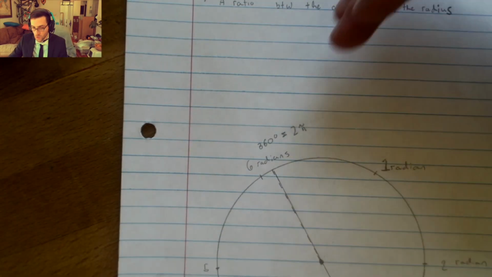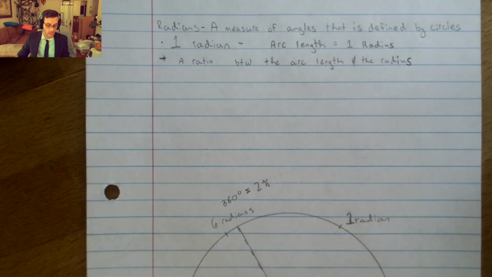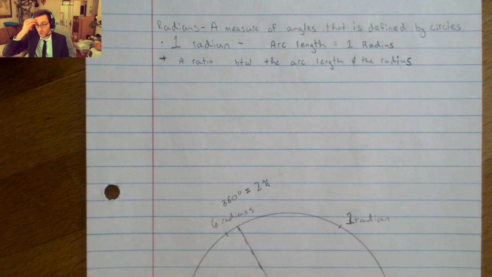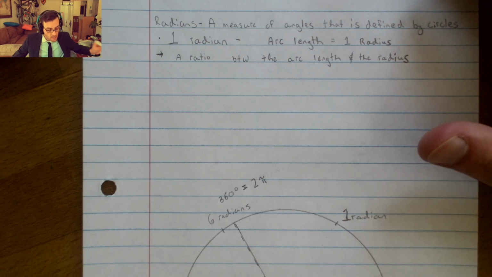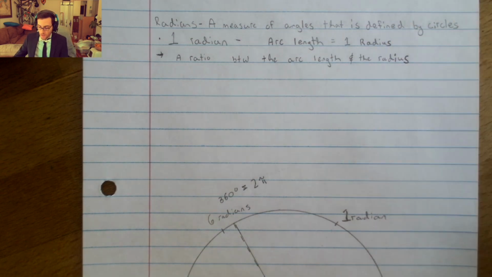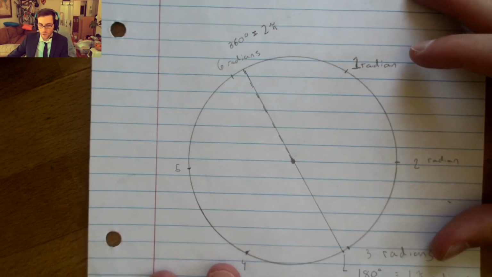Some mathematicians would argue that radians themselves are not a unit of measurement, since they're zero dimensional. It's more a mathematical concept versus something finite like an inch or a mile or a meter. All right, so this is how we present the concept of a radian going around.